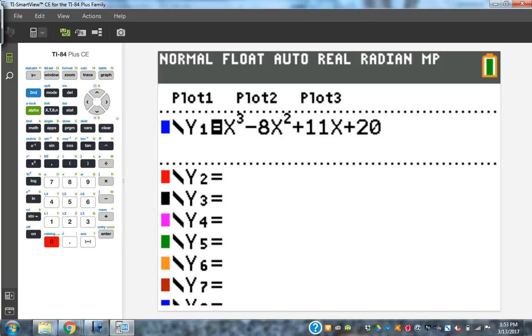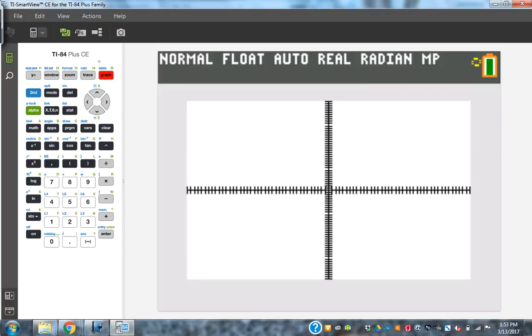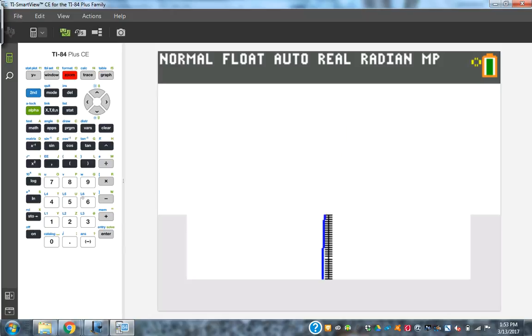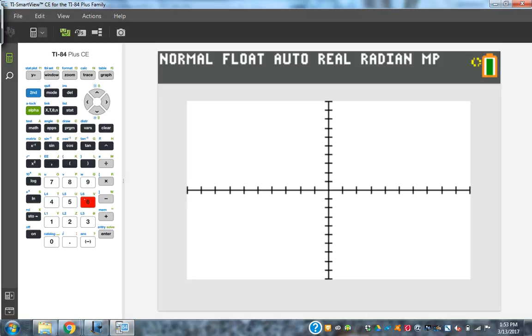Everybody with me there? I'm going to graph that, and I've got my window kind of adjusted out weird, so I'm going to zoom 6 to get back to the normal window.